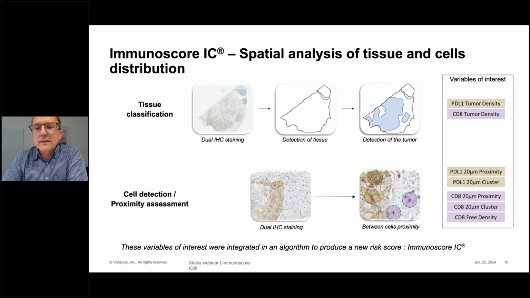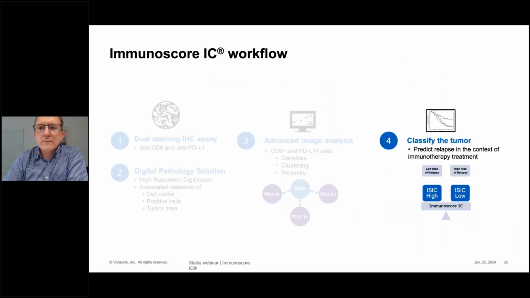And on the bottom right, the addition that we bring with this assay is to look at the proximity between cells. This is fully automated, and the principle is to take any individually stained cell, define its centroid, and look for the presence of another cell of interest within a radius of 20 microns.